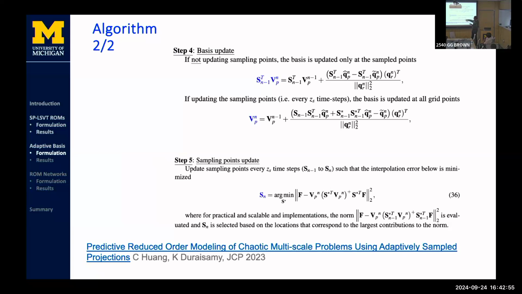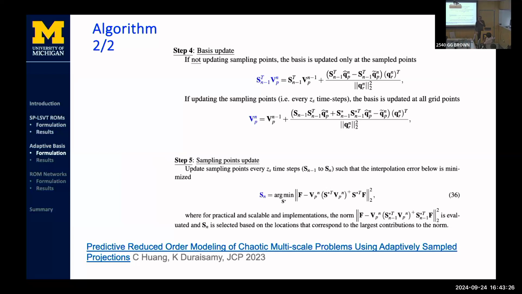I'm trying to find those sample points which reduce the interpolation error between the full field and the reconstructed field. This whole thing is just like I showed you in that first slide. It takes samples from a few locations and reconstructs the entire field. And I want to find that S which minimizes this error in the L2 norm.